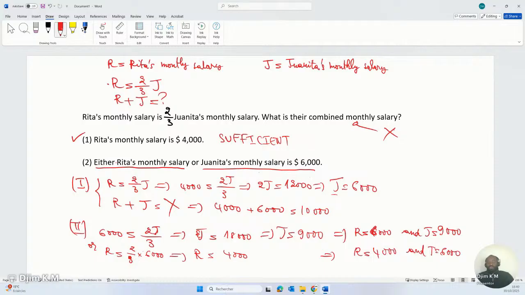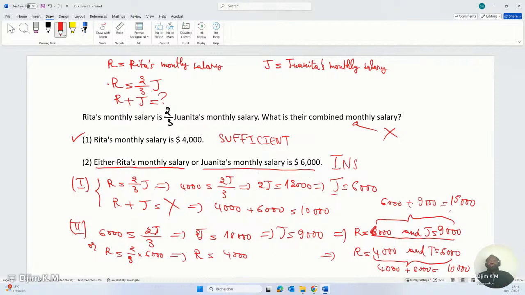So here we can't know for sure, if we just stay with this second condition, what the combined salary is. Because if we combine the two, it's going to be 6,000 plus 9,000, which is equal to 15,000. And in the other case, it's going to be 4,000 plus 6,000, which is equal to 10,000. So we have two different values, so we can't know. That definitely means that this is insufficient.